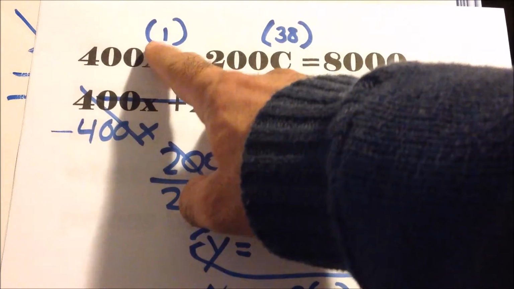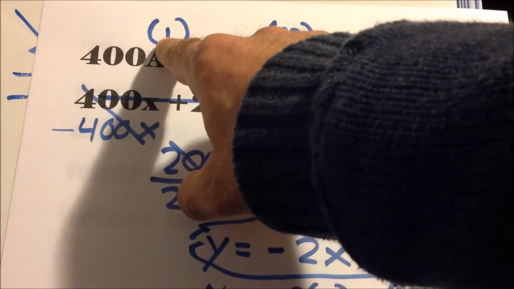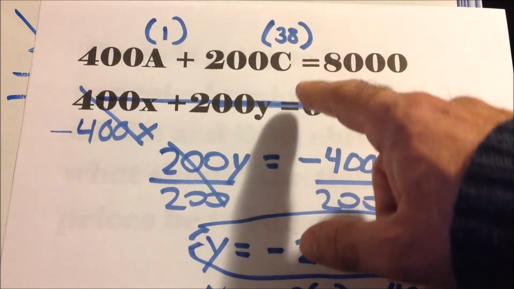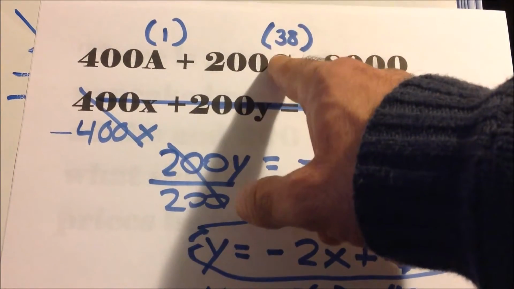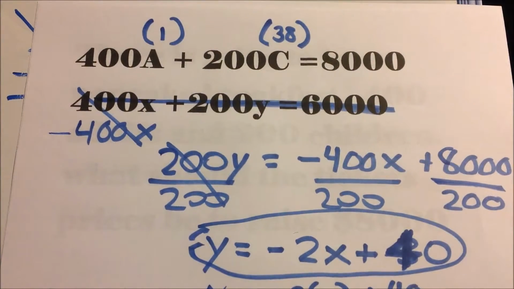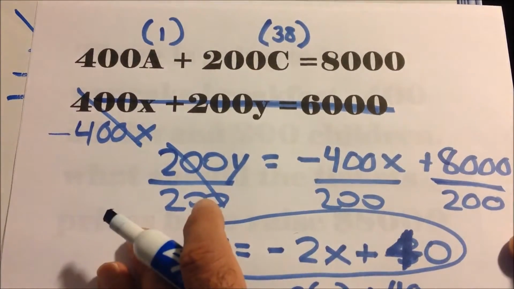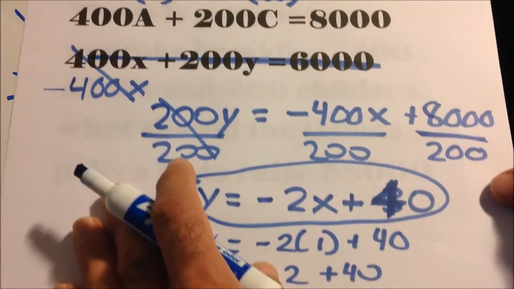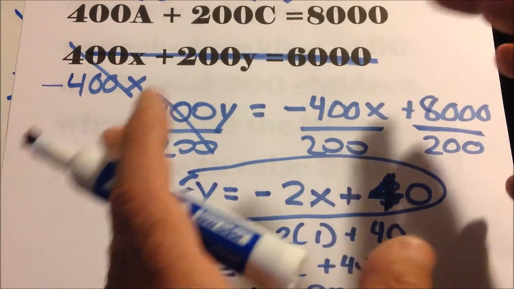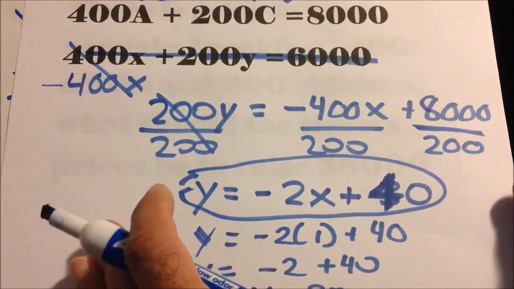So here we have $400, because 400 times 1 is 400. Plus 200 times 38 is 7,600. So 7,600 plus 400 will give us our 8,000. So you probably don't want to use 38 and 1, but that would, of course, make the equation true. So you can play around with what the adult price should be, and what the child price should be.